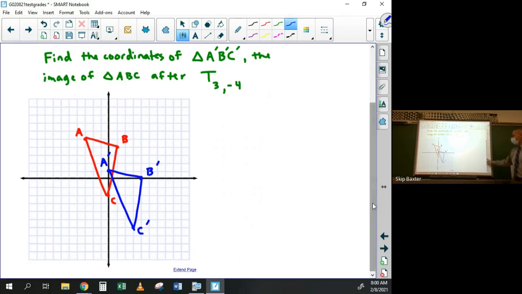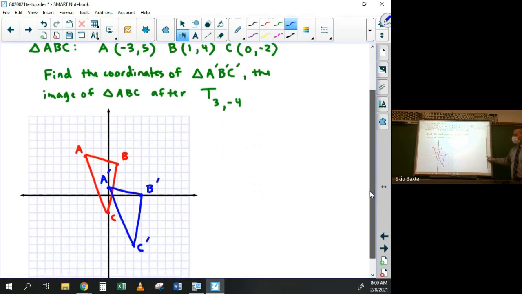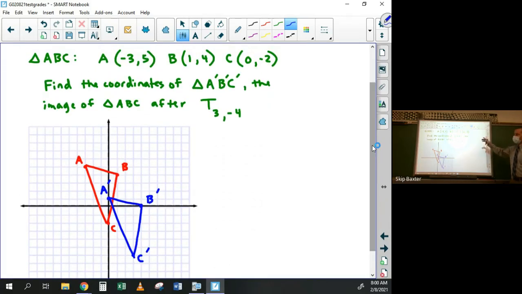Okay. Another way I could have gotten these coordinates is I could have just transformed each point individually, right? Just by adding component-wise. Like if I took the translation of 3, -4 of the point A, -3, 5.